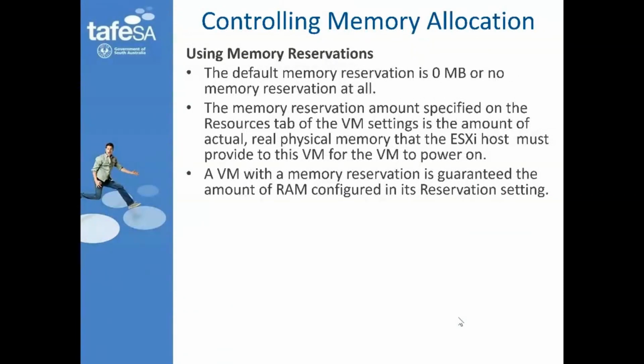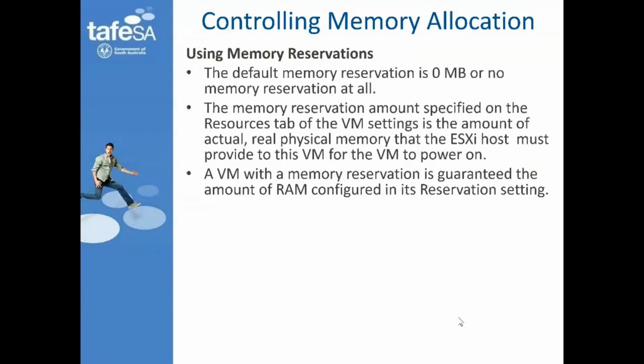Controlling memory allocation: we're using memory reservations. Like I said, reserving a VM guarantees you a certain amount of RAM. The default memory reservation is 0, or no memory reservation at all. So if you do nothing, it means that the virtual machine's RAM could all be virtual at some stage, potentially. The memory reservation amount specified on the Resources tab of the virtual machine settings is the amount of actual physical RAM, not the swap or virtual RAM or anything like that.